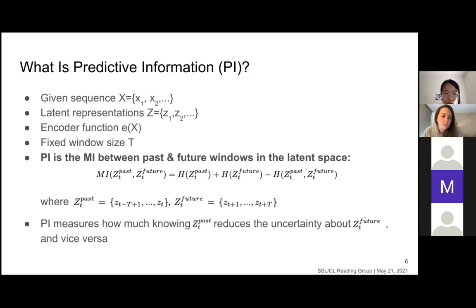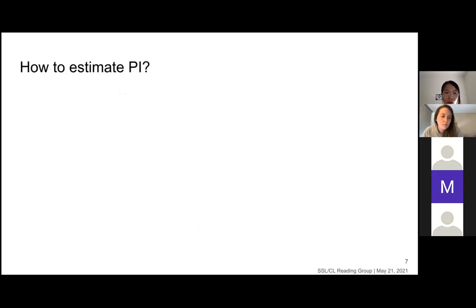All right, so because PI is a mutual information, it measures how much knowing G past reduces the uncertainty about G future and vice versa. But you might wonder, how are we going to actually compute this PI? So how do we estimate PI?